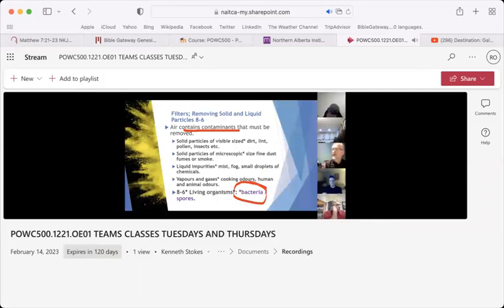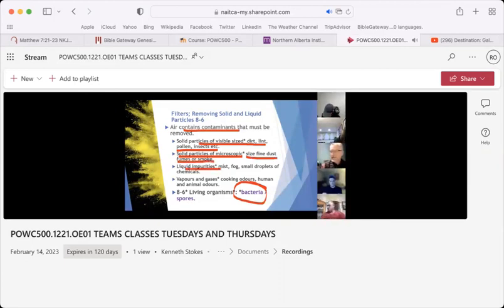So to sort of review what we're taking out of the air contains contaminants. We should have by now figured out that most of these things are some kind of a bad thing or contaminant. Solid particles of visible size covers things like dirt and lint and pollen and insects. Solid particles of microscopic size, so still solids, but very fine dust and fumes and smoke.